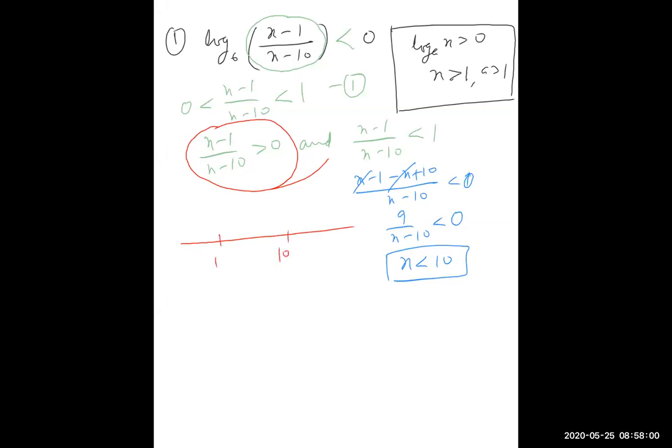Choose a value of x larger than the largest root, x equal to 11, and check 11 minus 1, 11 minus 10 positive. Then alternate plus, minus, plus. What I need here? Greater than 0. Greater than 0 means positive. So my answer will be this side. So x is, this is the answer.